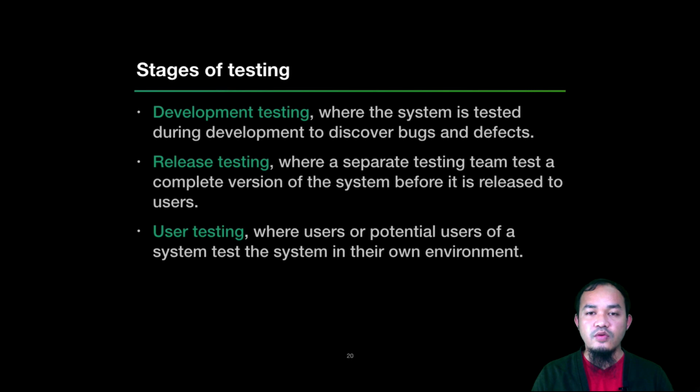But if you are developing a small application, the development testing will be done by the programmer. Release testing will be done by a team member, maybe one who takes care of the quality of the software. And then user testing is about the real user who is going to use our software, the program. They will use the software and then reply with feedback according to what kind of error they found and so on.